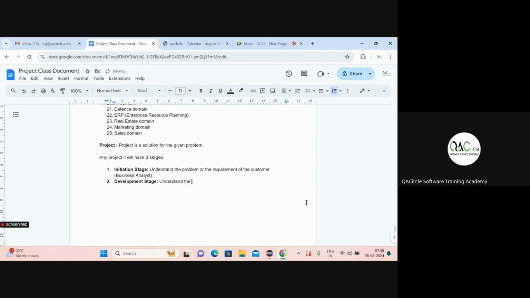Understand the requirement technically, and develop the application by writing the code, and test the application. Testing the application means identifying the mistakes and getting them fixed. All this process will happen over here.